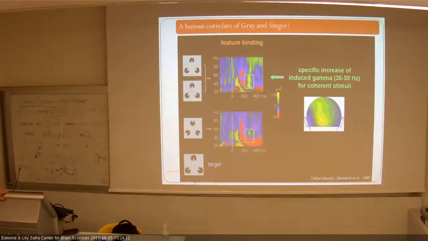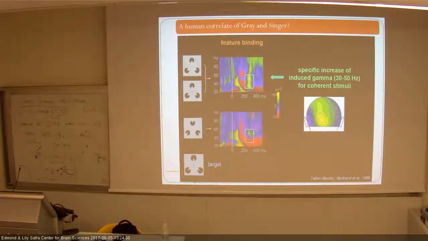They presented this study that I already showed you, where they had these Kanizsa triangles or rotated Pac-Man, and lo and behold, when they did the time frequency analysis that we discussed already, they found that indeed, around 40 hertz, you get an increase in the power of gamma, around 300 milliseconds after the stimulus is presented, when you actually have this binding, when you have a coherent triangle formed between the Pac-Man, but not when you don't have this Kanizsa triangle formed.